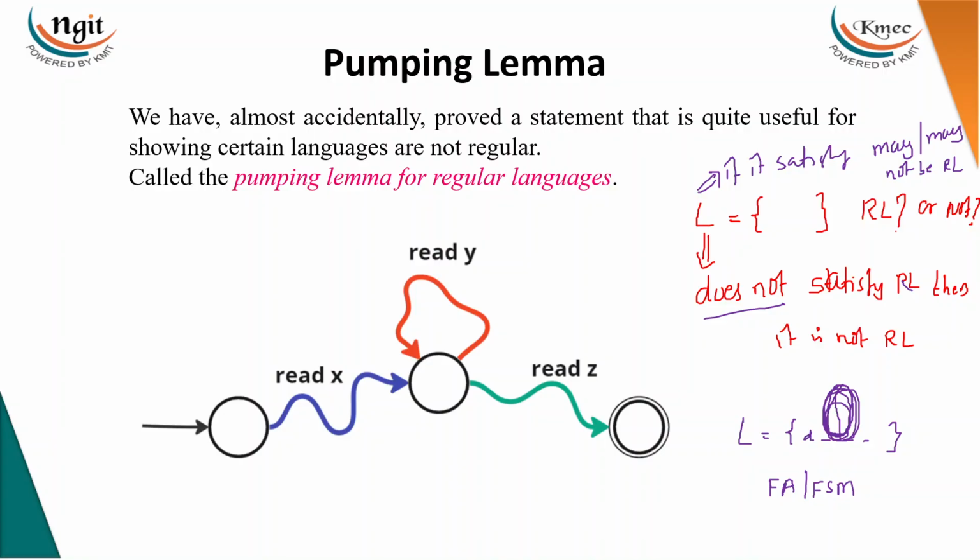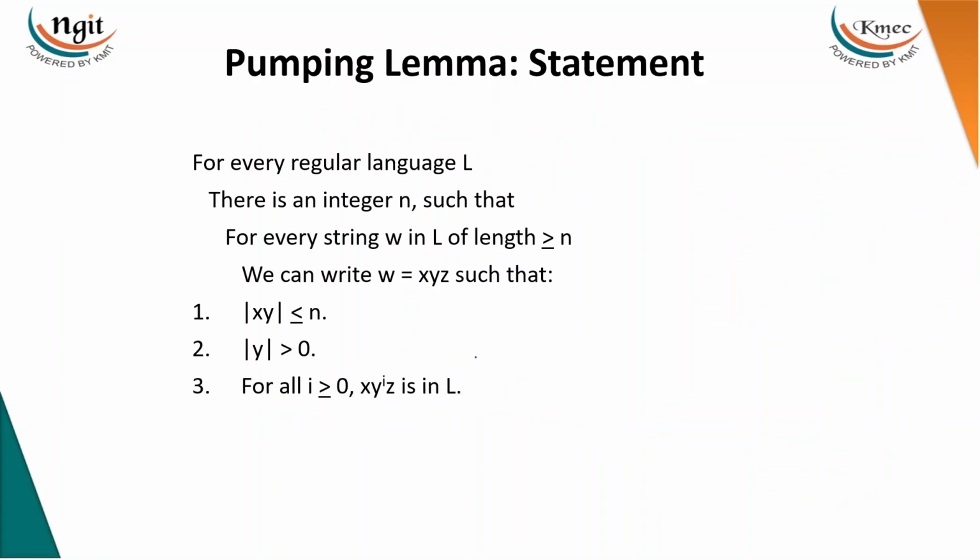Before that you may have nothing or something. After that you may have nothing or something. But whatever part you are taking, that should be iterated. If you have such an identification, then we can say that it is satisfying the lemma and that it is regular. Sorry, may or may not. If you can't identify such a part, then it is not regular.